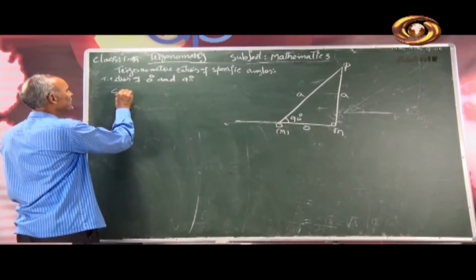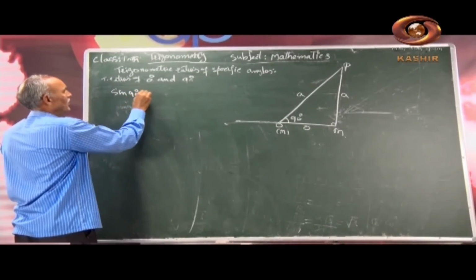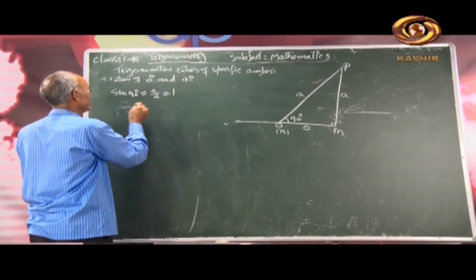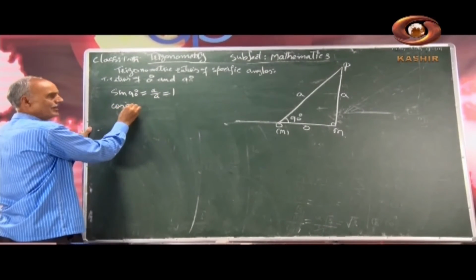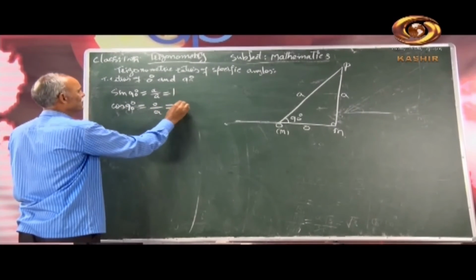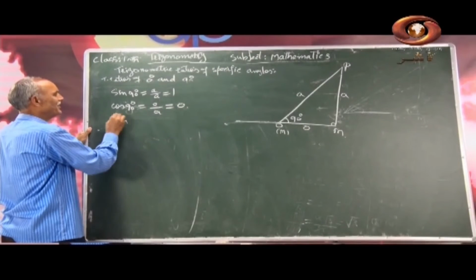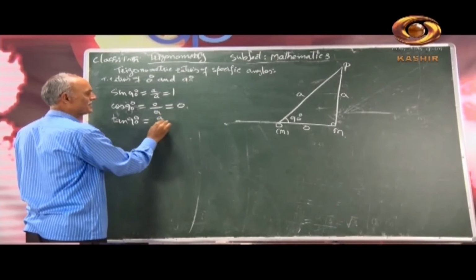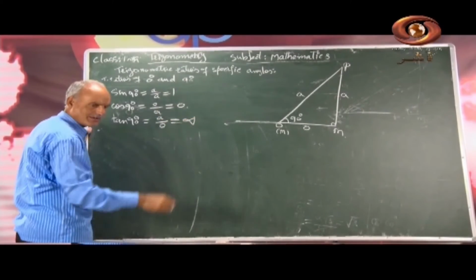Therefore sin of 90 degree will be perpendicular by hypotenuse, which is equal to 1. Cos of 90 degree will be base by hypotenuse, which is equal to 0. Tan of 90 degree will be equal to perpendicular by base means A by 0, which is undefined.